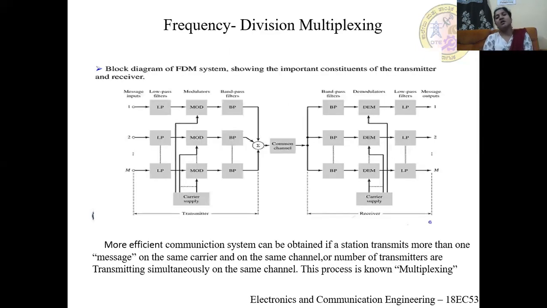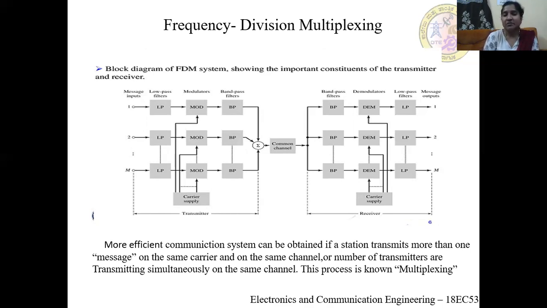Next, this is the last topic in this module 1. It is frequency division multiplexing. So what is multiplexing? Multiplexing is the transmission of two or more signals in a single channel. There are two types of multiplexing: time division multiplexing and frequency division multiplexing.